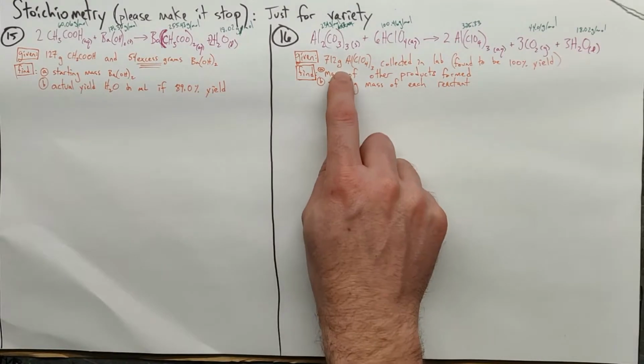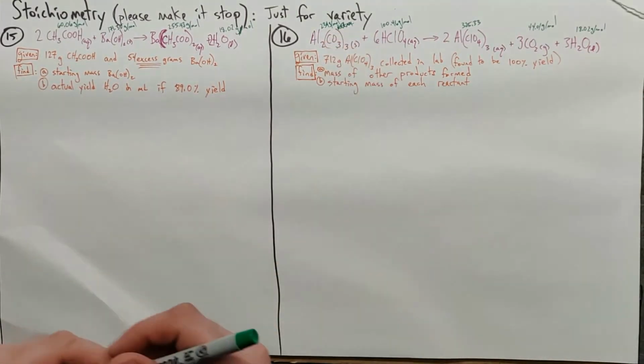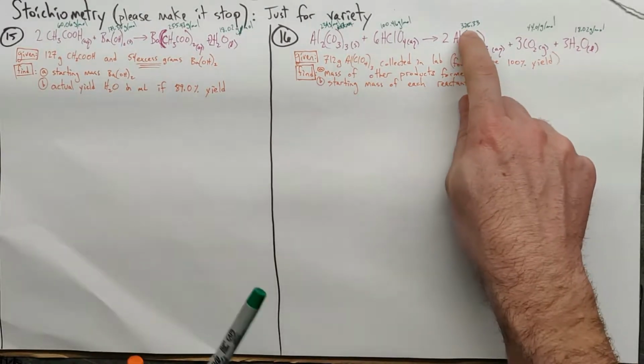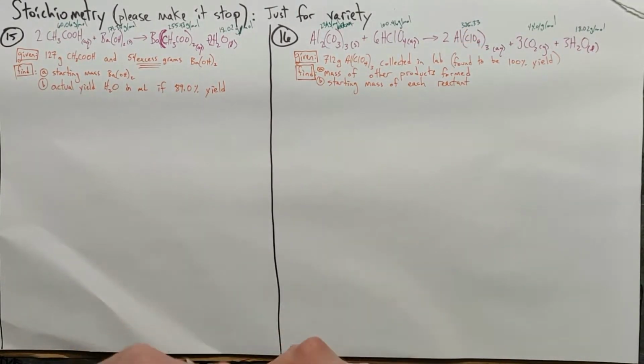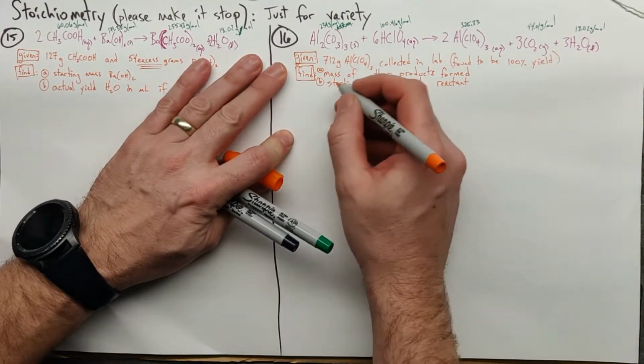We've got 712 grams, and we're going to be dividing by our molar mass, which is 325.33. That's the Al(ClO4)3, aluminum perchlorate.